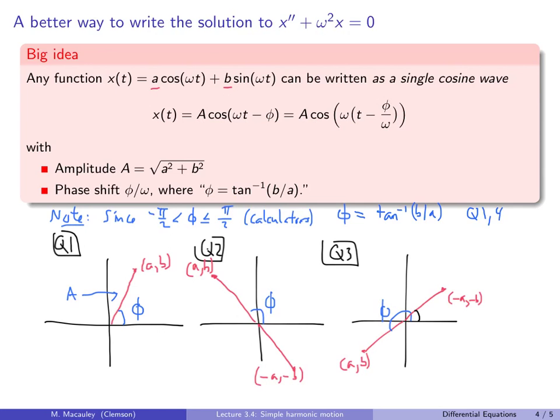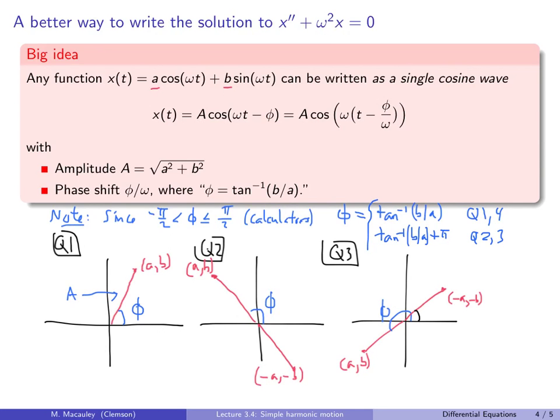I didn't actually write down quadrant 4, but it's the same case as quadrant 1. Your calculator gives you what you want. But it's the inverse tangent of b over a plus pi if we're in quadrant 2 or 3.